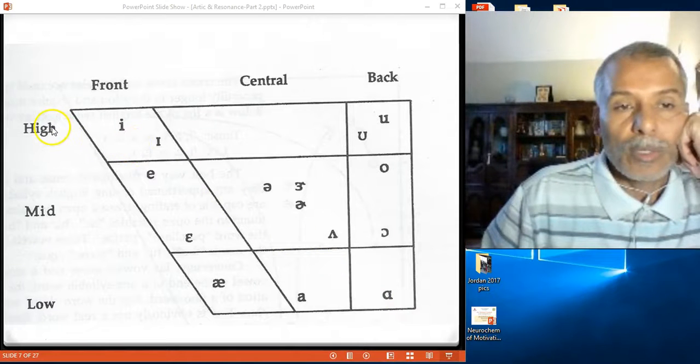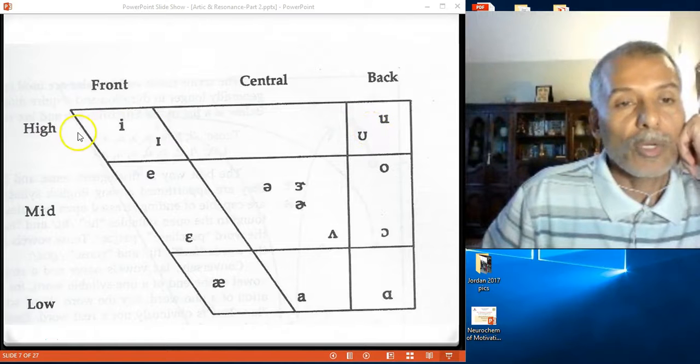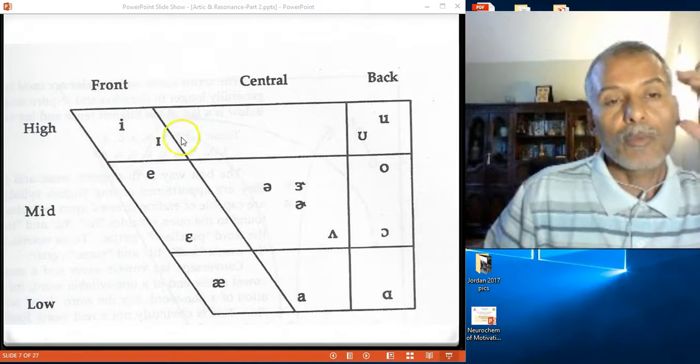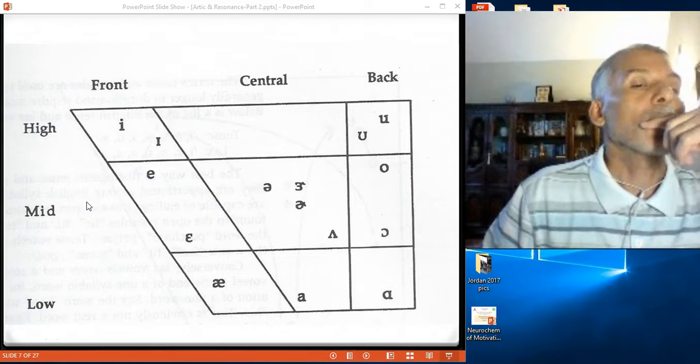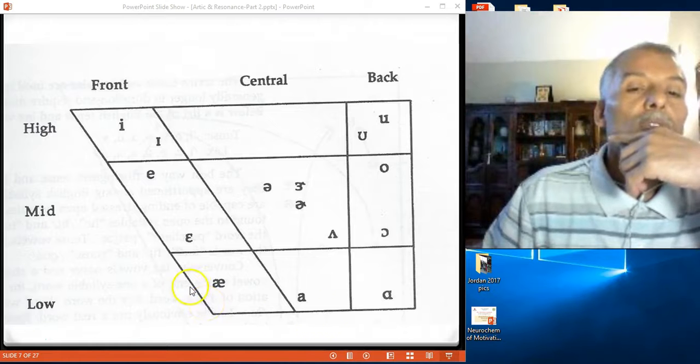So the top segment describes how high the tongue is in the vocal tract, like how high the tongue dorsum or tongue tip reaches, and the middle is the middle of the vocal tract, and low is very low in the bottom of the vocal tract.